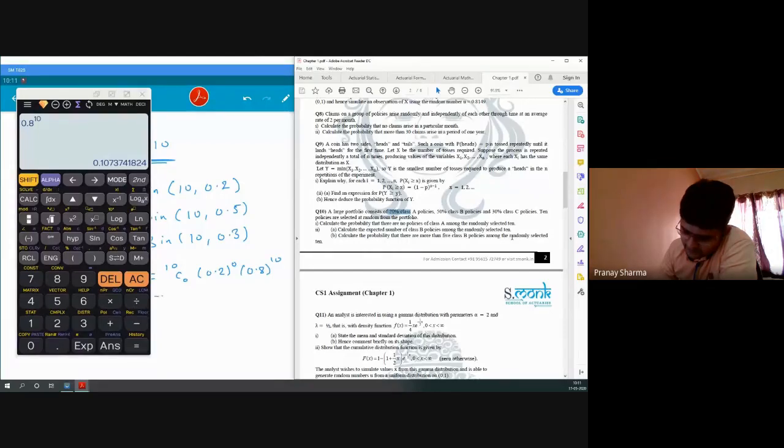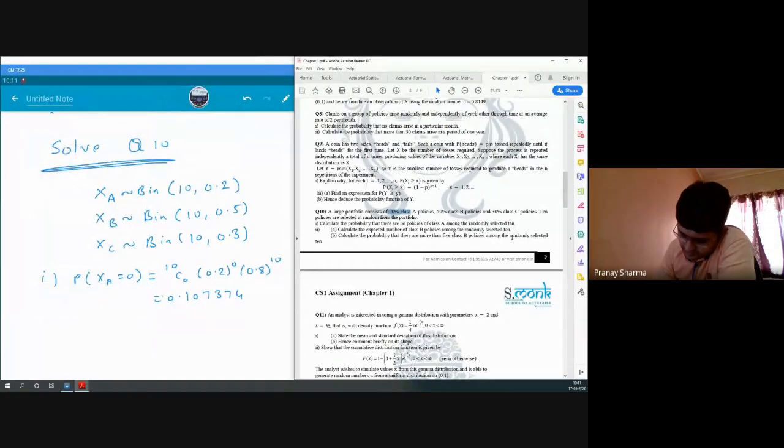We'll have 0.107374. And the second part: for B, calculate the expected number of class B policies among the randomly selected 10. That means they are asking us to find the expected value of our XB. Expected value will be n theta. That becomes 10 into 0.5, that will be 5.